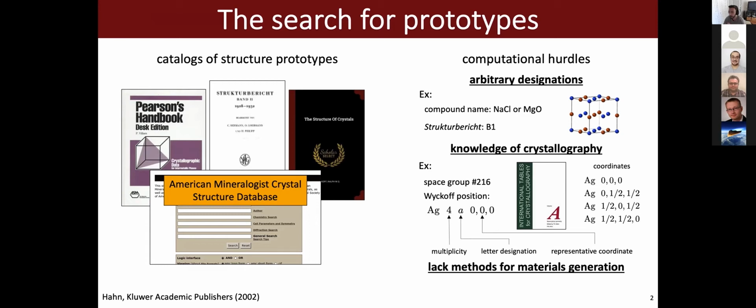The other is that a lot of these resources require at least a baseline knowledge of crystallography. As per the previous session, we do know what the Wyckoff positions are in the space group. But a lot of these resources would give you a prototype just with the following information. They would say that this prototype has space group 216, and it has this Wyckoff position, which we know corresponds to the multiplicity, the letter designation, and the representative coordinate.